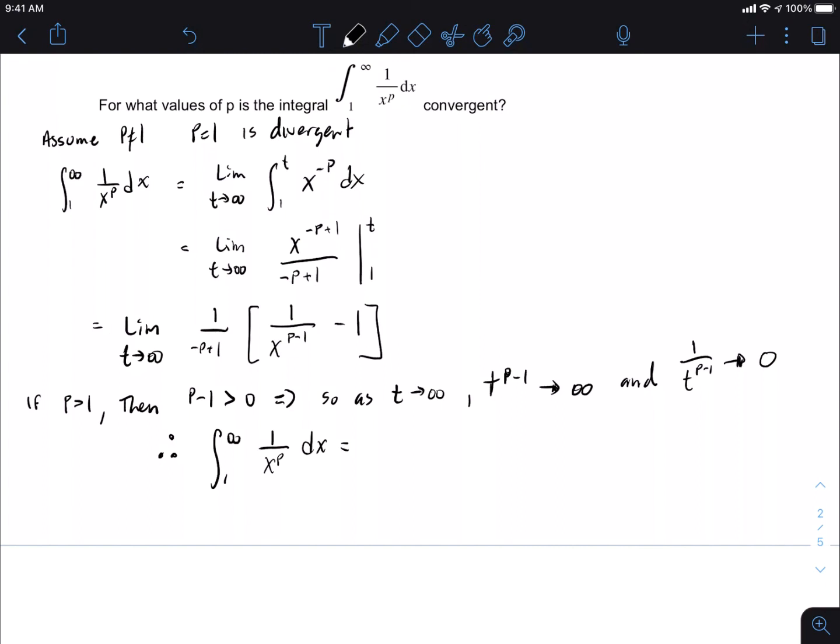What do you guys think? We're going to get 1 over p minus 1 as our solution. This is going to be the actual solution if p is greater than 1, and since it went to a fixed number, this tells us this integral is going to converge.